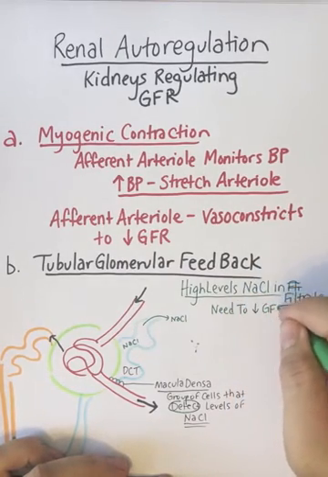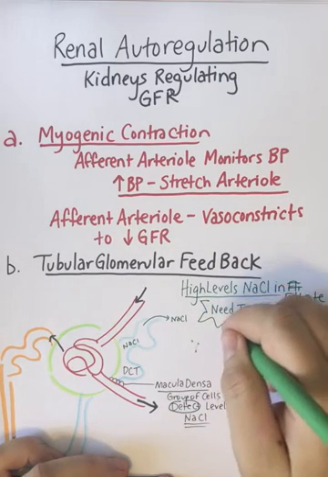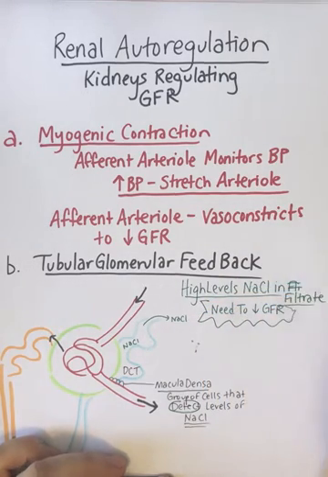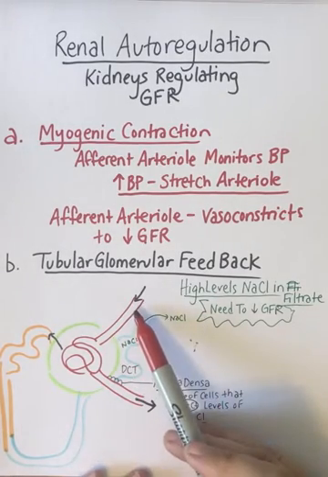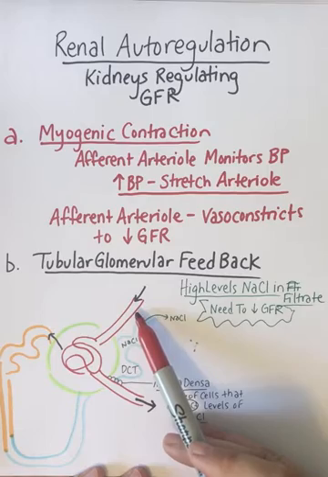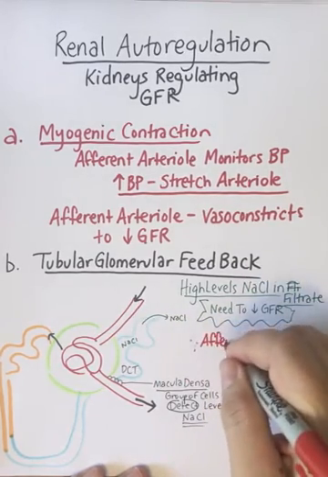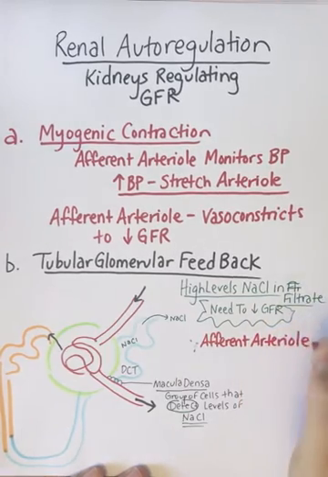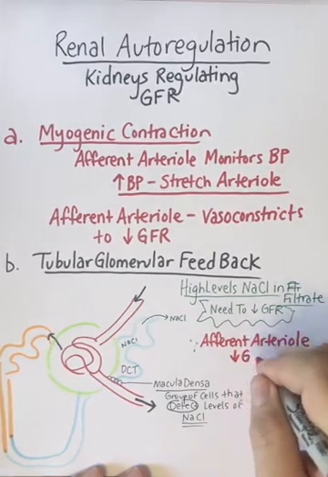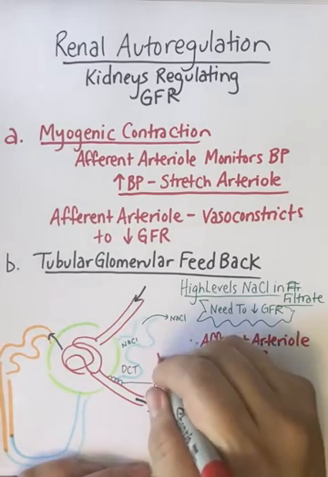We need to decrease the GFR. That's the goal. So if we need to decrease the GFR, the first thing that we need to do is vasoconstrict the afferent arteriole. That decreases the GFR when you do vasoconstriction.